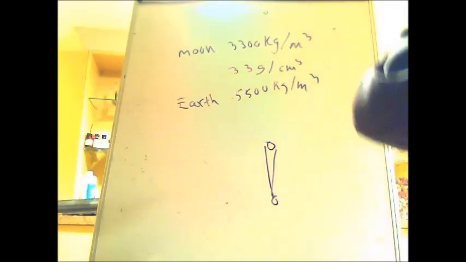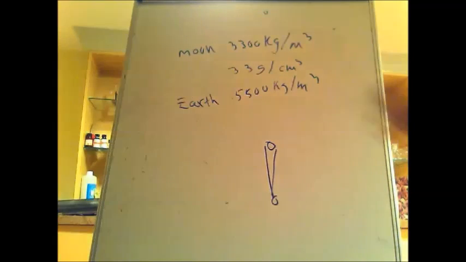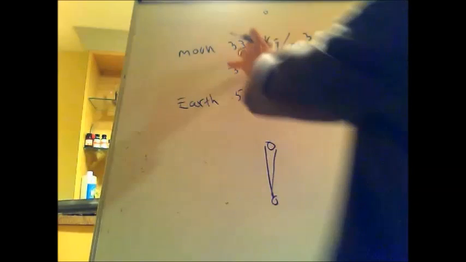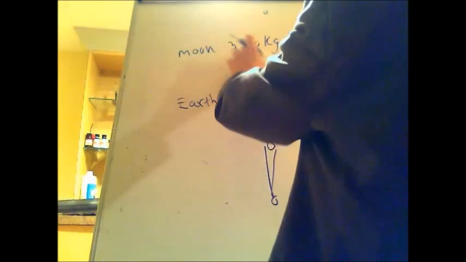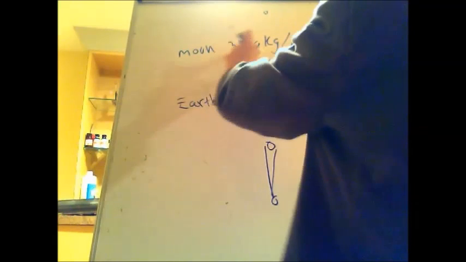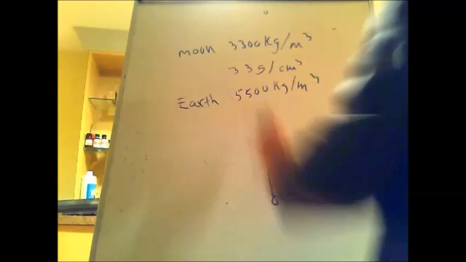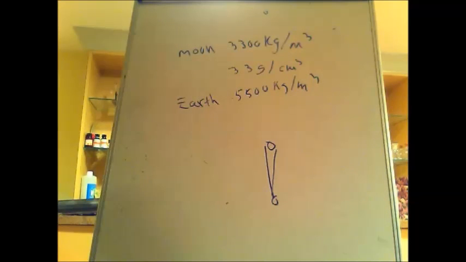This is another thing that's kind of interesting, because there are some theories about how the moon was formed, that the moon could have been formed from the Earth, but certainly not just a chunk of the Earth splitting out, because the densities are quite a bit different. This density is only about 60% of that density, so that doesn't seem to make a lot of sense. But we'll talk about that in a little bit.